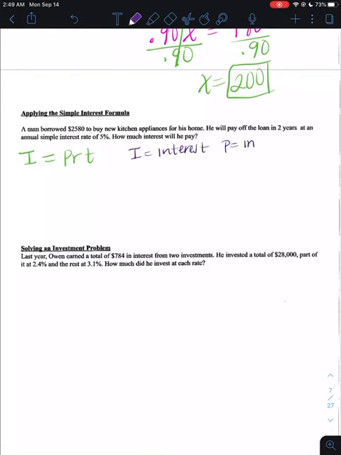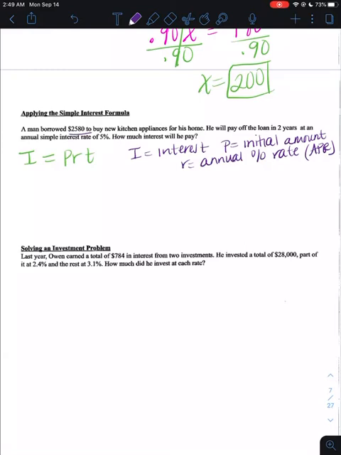P stands for principal, or initial amount, or the amount invested. And R is your annual percentage rate, or APR, as you see it on TV.